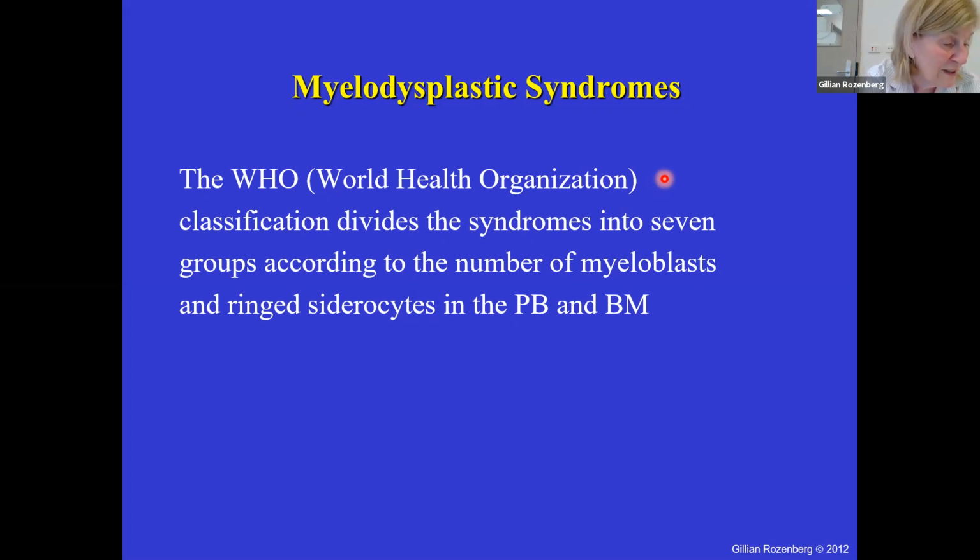If you look at it carefully, it says the revised 4th edition. So we haven't had a 5th edition yet. The WHO classification divides the myelodysplastic syndromes into 7 groups, according to the number of myeloblasts and ring sideroblasts in the peripheral blood and the bone marrow.